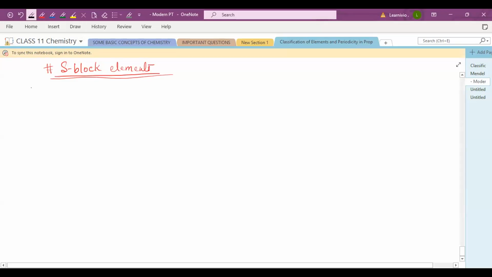Write it down. S block elements lie on the extreme left of the periodic table, and it includes metals.